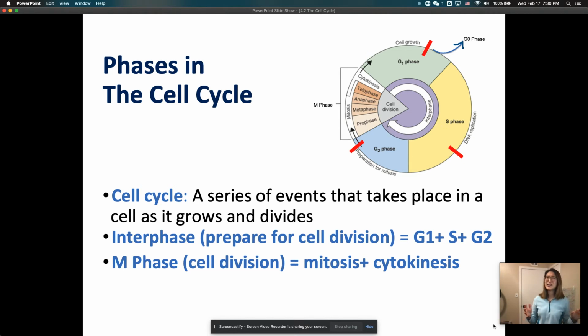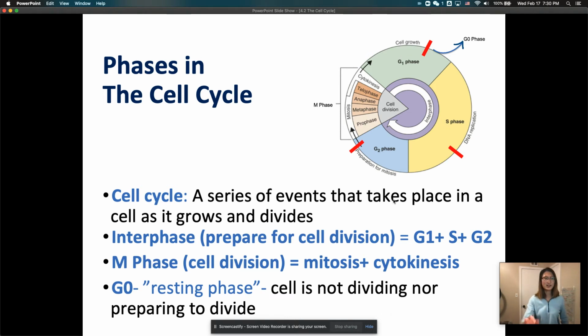It's not great, but it's not as big of a deal because skin cells divide really fast, but neurons don't. And one of the reasons for that is a lot of our cells actually kind of stay in the G0 phase, as in they don't need to be dividing. If they don't need to be dividing, they don't need to prepare to divide either, right? So they're neither in the interphase nor the M phase. So they're in somewhat of a resting phase, okay?